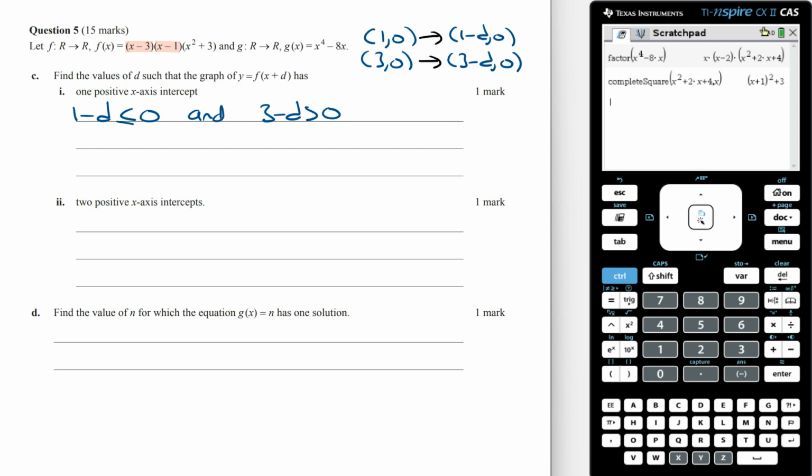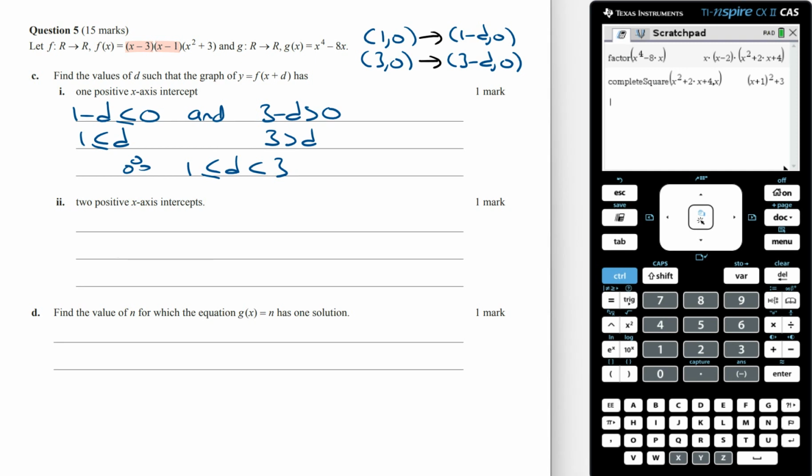Solving for d, d has to be larger than or equal to 1, and d has to be less than 3. And so therefore, the values of d where y equals f of x plus d has one positive x-intercept is when d is larger than or equal to 1 and d is less than 3.